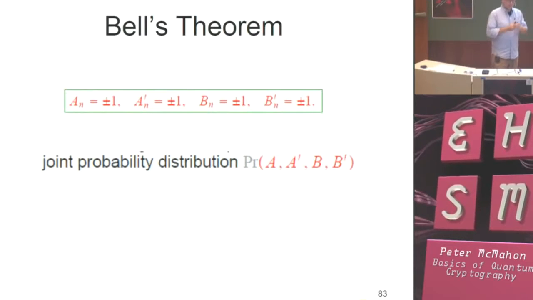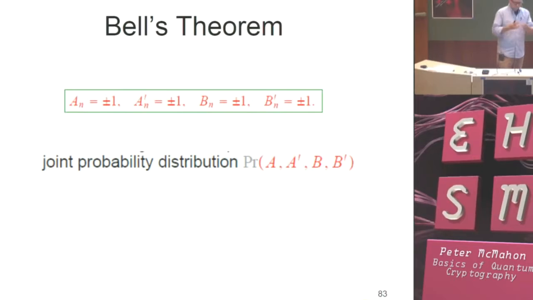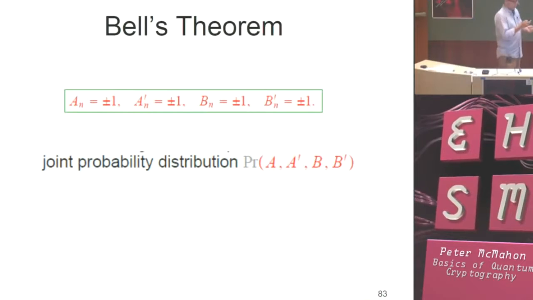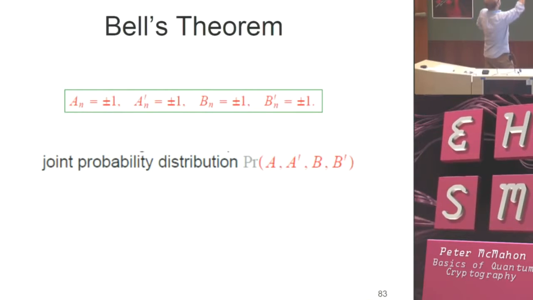Imagine now we run a series of experiments where we send two particles to Alice and Bob, and Alice measures in either A or A prime, Bob measures in either B or B prime, and we can then get measurement results from this. The outcomes of this experiment are basically random variables, where the subscript n refers to the nth iteration of the experiment, and each of these measurement outcomes has value either +1 or -1.